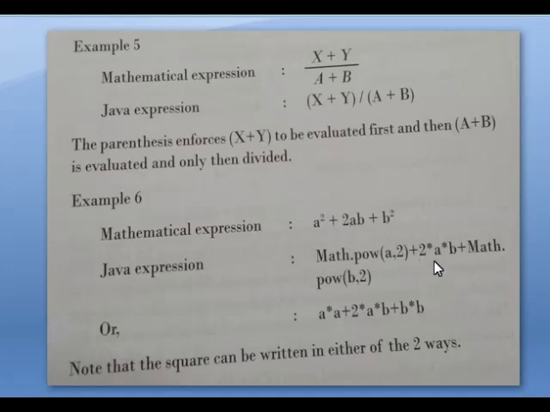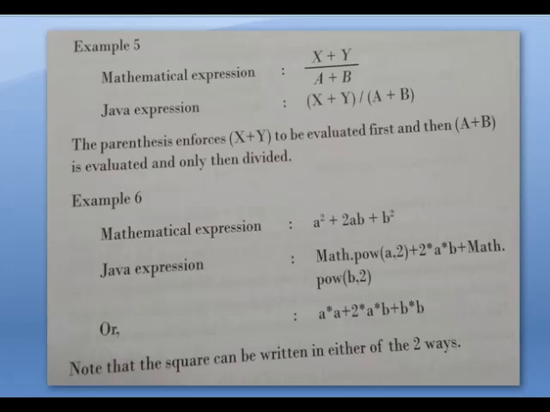So 2 asterisk a asterisk b plus b square means Math dot pow of b comma 2. Otherwise, because the power is very small, we are able to write like this also: a square means a into a plus 2 into a into b plus b into b. Okay, these two methods are right.